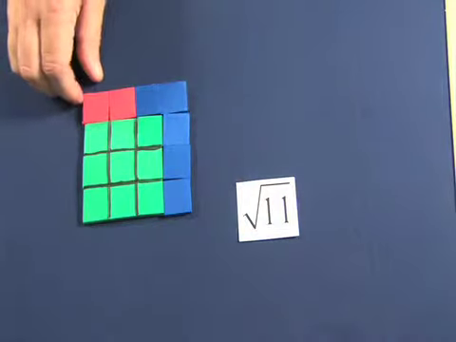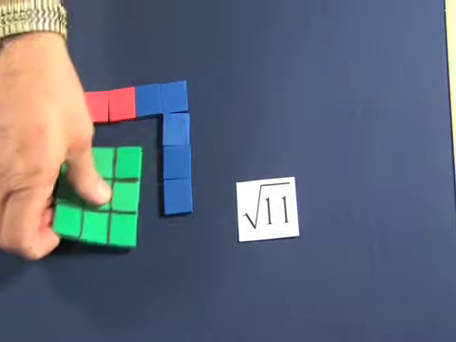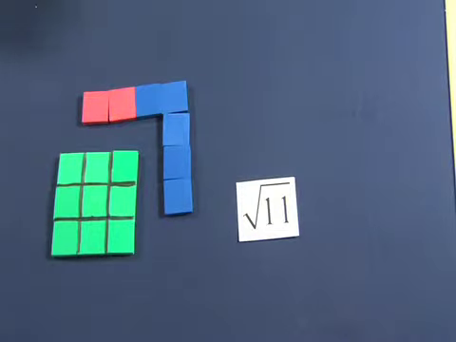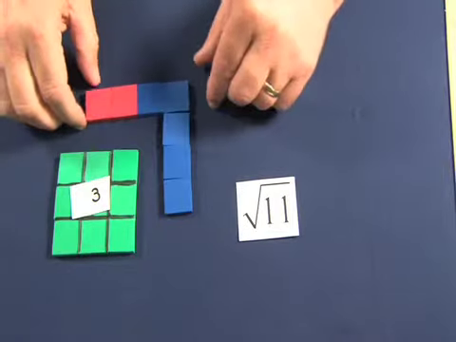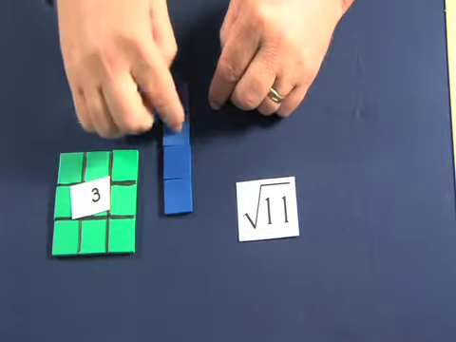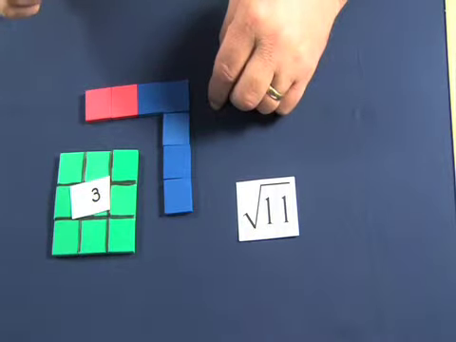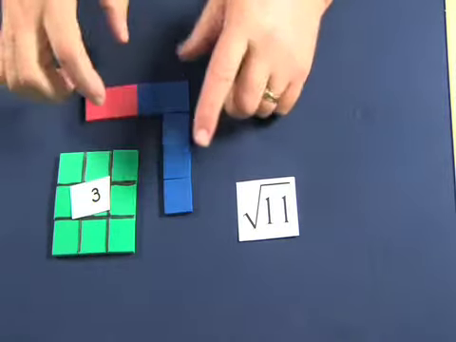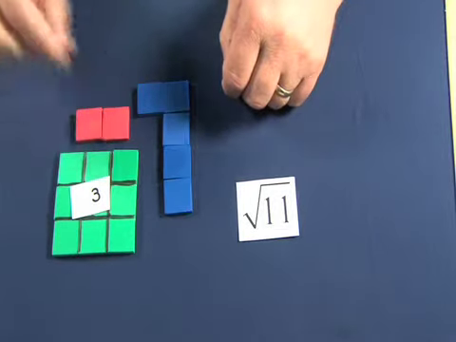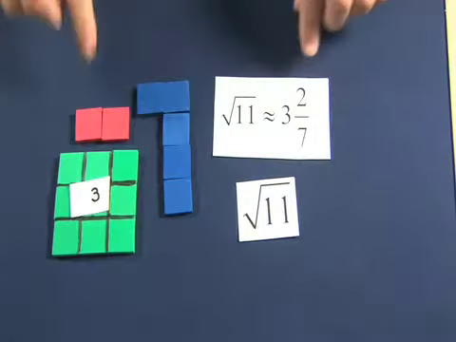Now let's pull away the known, which is our 3, and see what we have left. At this point, we have 1, 2, 3, 4, 5, 6, 7, so we could call that sevenths. Of the sevenths, we use 2 to make our 11.